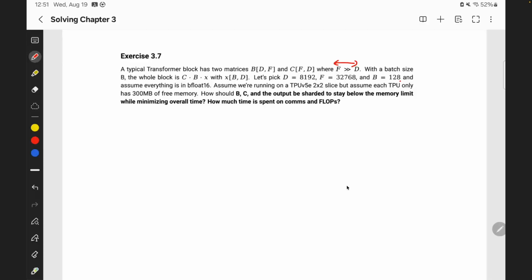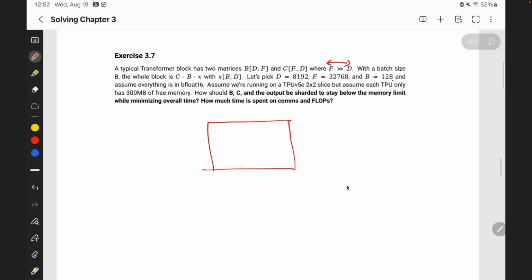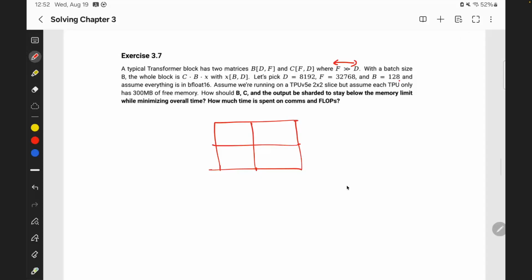Assume you are running on a TPU v5e 2x2x1 slice, which is your device mesh, but assume each TPU only has 300 MB of free memory. How should B, C, and the output be sharded to stay below the memory limit while minimizing overall time? How much time is spent on comms and flops?